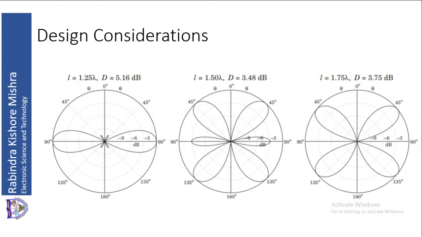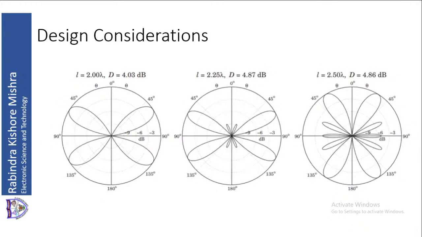Beyond 1.75 and so on, the radiation pattern degenerates and you get a conical pattern instead of a figure of 8 pattern. Because of the current distribution, you get this. Although they show high directivity, they are not required because the beams are in undesired directions.